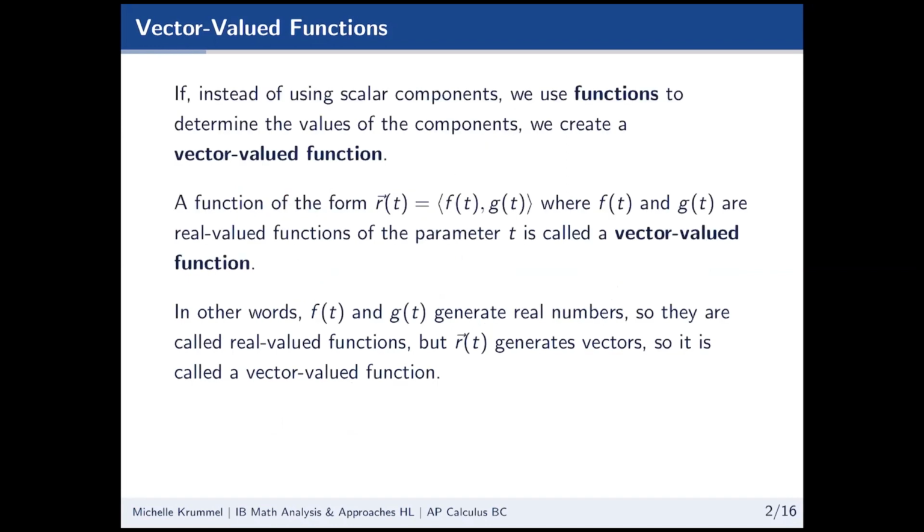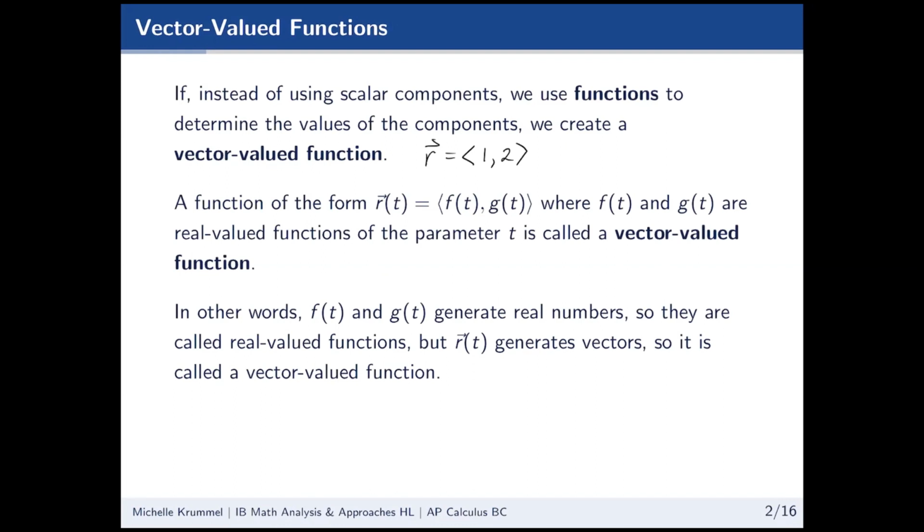Now, if instead of using scalars as our components, we actually use functions to determine the value of the components, then we're creating what's known as a vector-valued function. For example, instead of saying that vector r is equal to the vector in standard position with components 1, 2, which is fixed, there is only one vector that is in standard position and terminates at the point 1, 2. So that vector is unique.